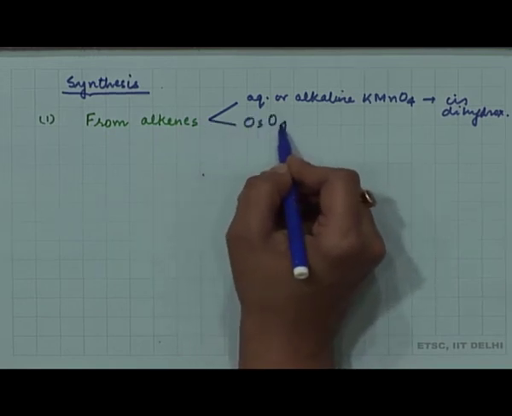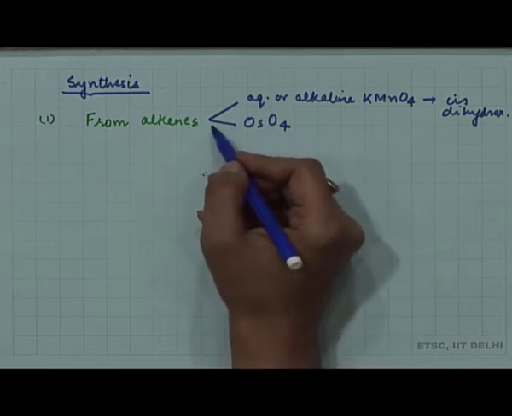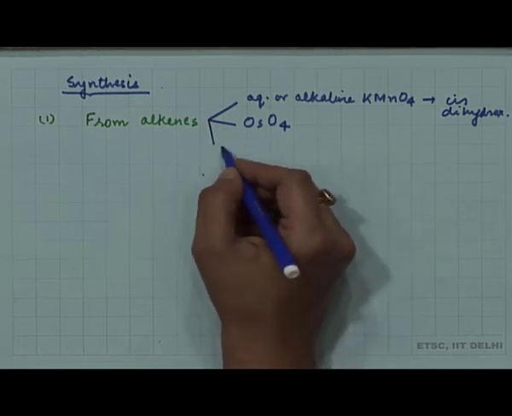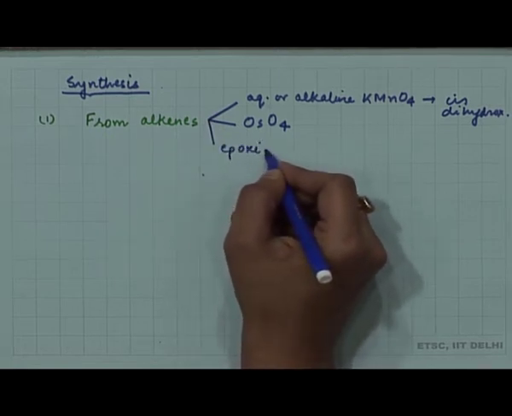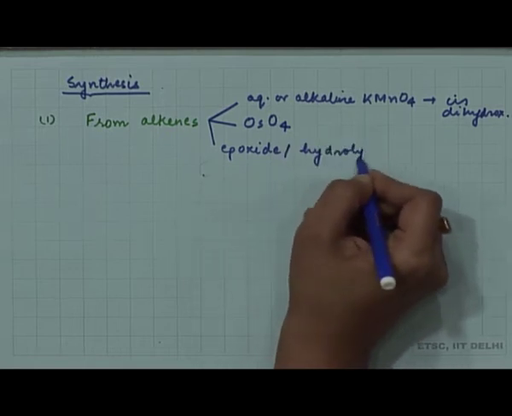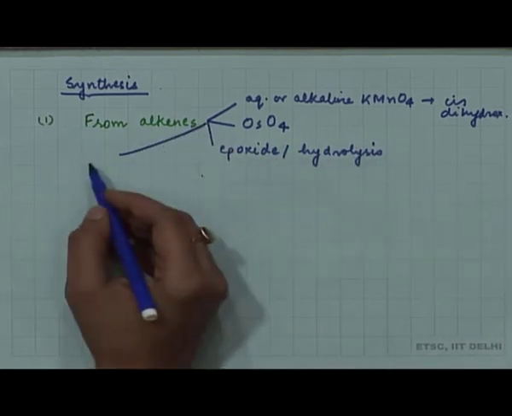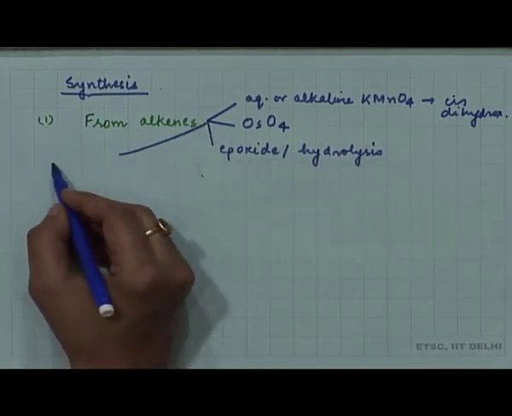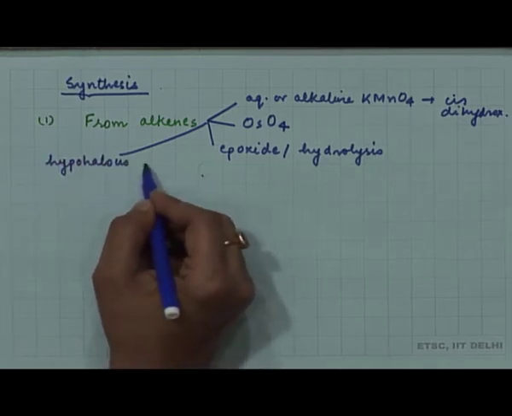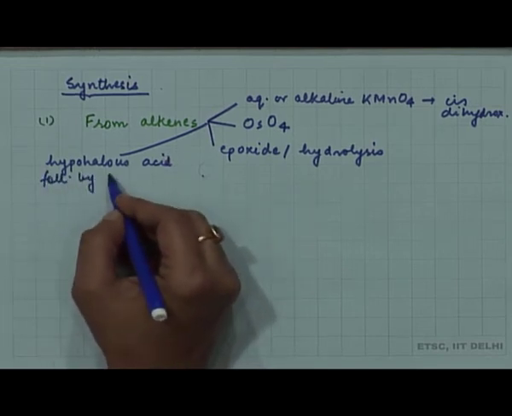The same thing was happening with osmium tetroxide, treatment of alkenes with osmium tetroxide, again giving you a dihydroxylated product. You could also make an epoxide out of an alkene followed by an acid catalyzed hydrolysis, which also gives the diol. Another method we discussed was with the hypohalous acids followed by hydrolysis.